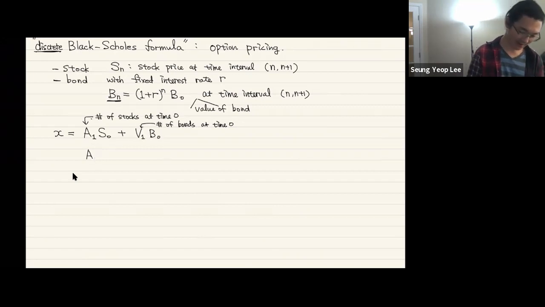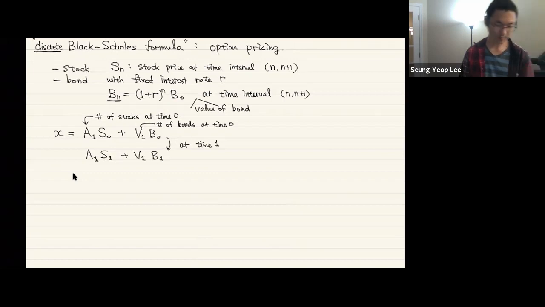Okay, then at time 1, the stock price will change into S1, and the bond price will change to B1.